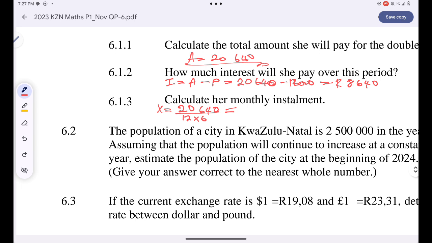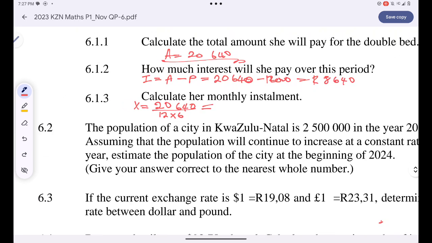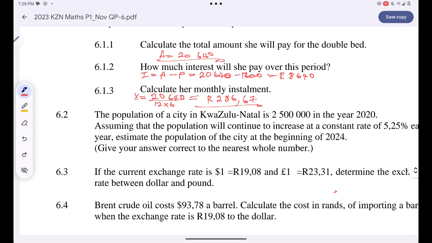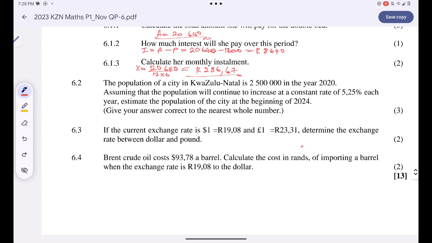So I'll simply have 20,640 divided by 12 times 6. So every month Ukuku is supposed to pay 286 rand 67 cents. That's the total amount of money that Ukuku needs to pay every month.